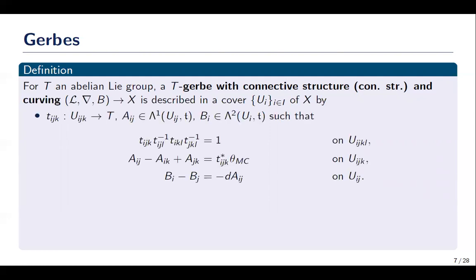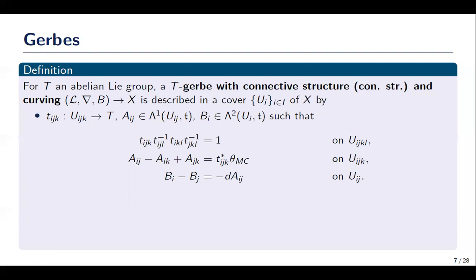So the gerbe will be given by a 2-cocycle. And I will say that this gerbe has a connective structure if I have one-forms on the double intersections satisfying this condition. And I will say that it has a curving if I have 2-forms on the open sets satisfying this relation. So this is what Severin called a gerbe with connection.